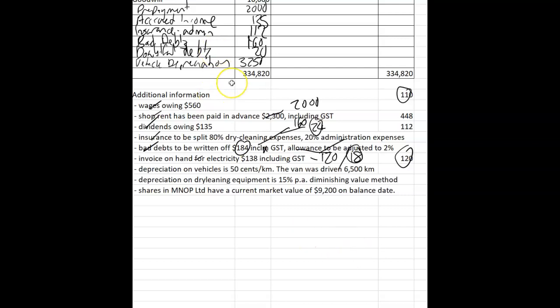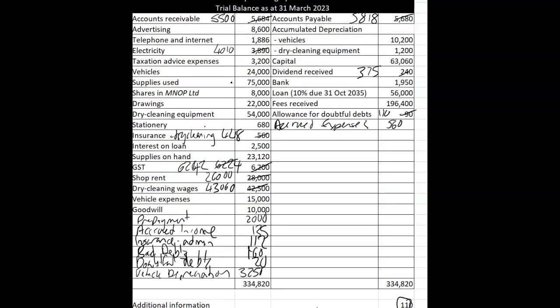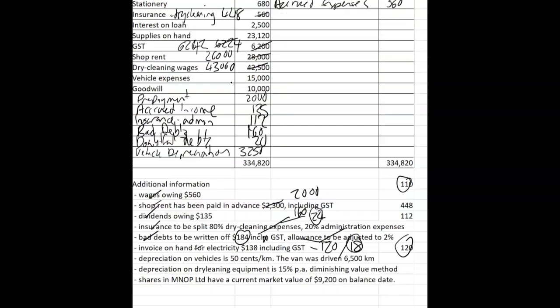And that figure, we're going to edit. We're on the credit side. Going up to this one. So 3250. Right, add 3250 up to here, 3250 to there.